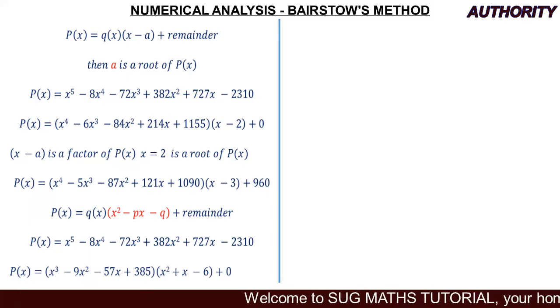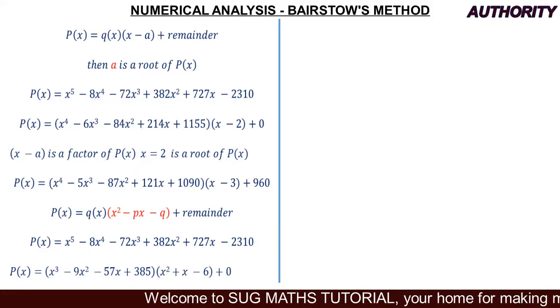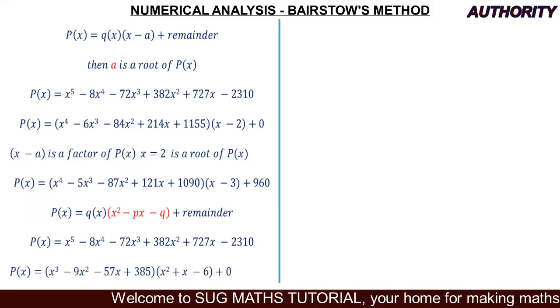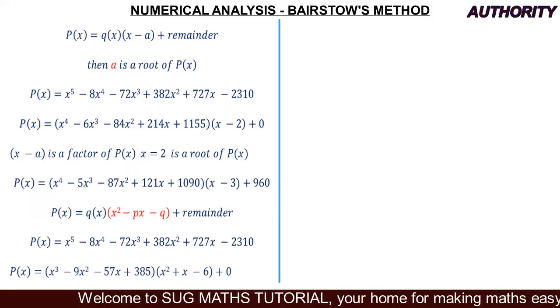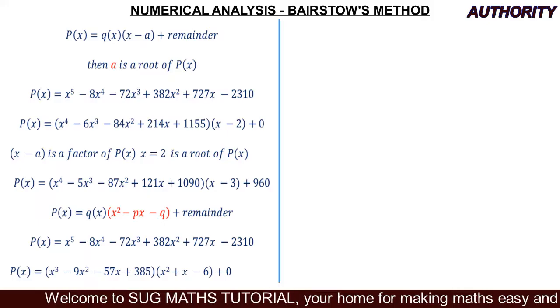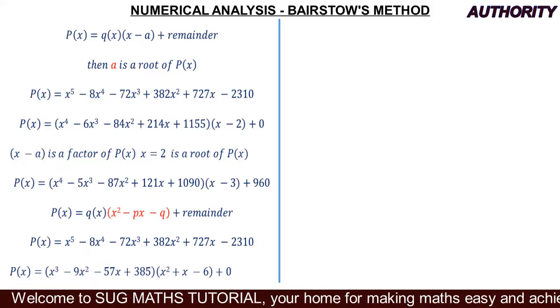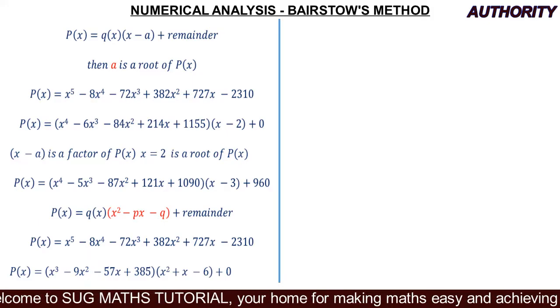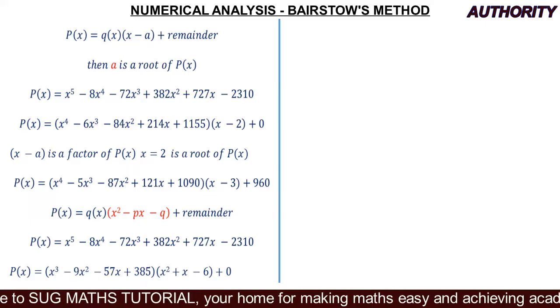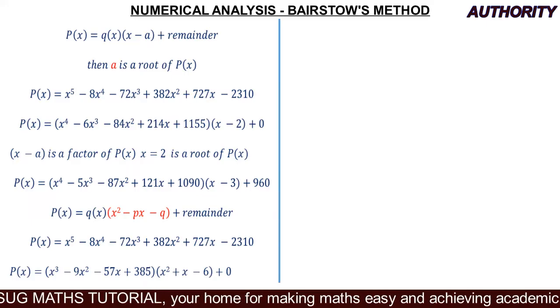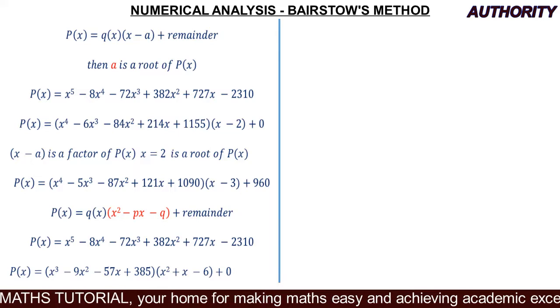Then you also see how you can solve this polynomial of degree 3. But our major concern now is how we can extract this quadratic polynomial from any given polynomial of greater degree.